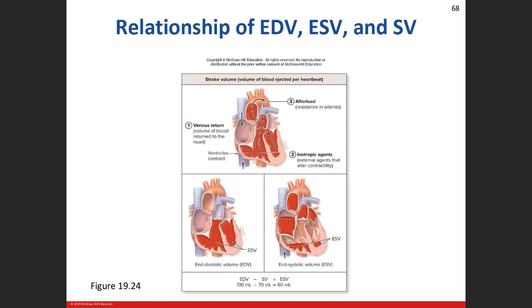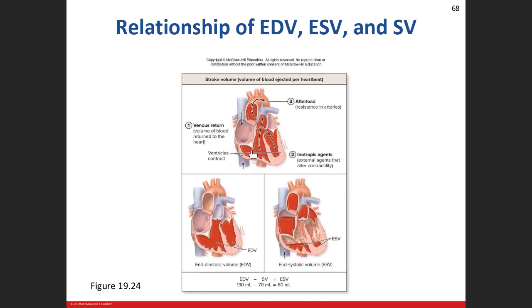All right, so that's what this picture here is showing us. The role here of stroke volume when we're talking about end diastolic volume, stroke volume, and end systolic volume. So with our venous return here, all right, also known as our preload, as we increase the venous return, we're going to increase our preload as we move blood down here into the ventricles.